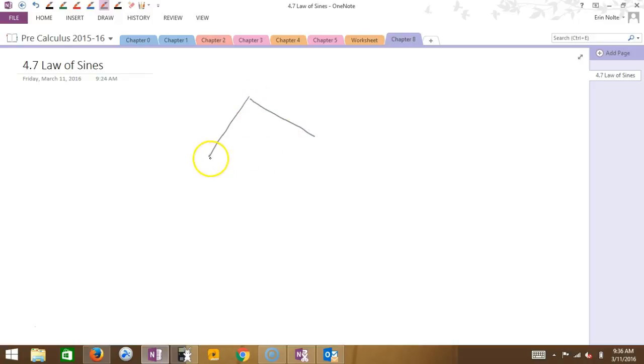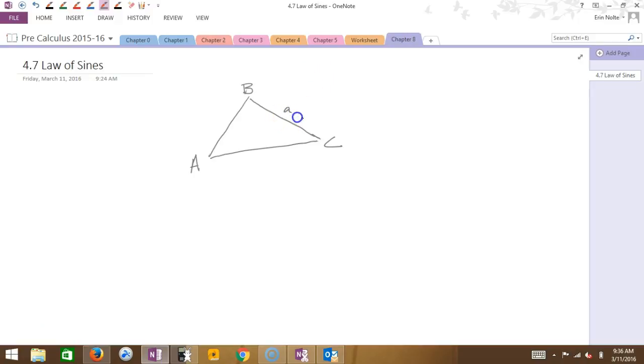I'm going to draw an oblique triangle, and everybody knows what I mean when I say oblique triangle. Oblique just simply means a not right triangle. Okay, so if I have a triangle, and I'm going to label this A, B, C, I want you to notice that I labeled the angles with capital letters, and then I'm going to label the sides, and see if you figure out where I'm labeling the sides.